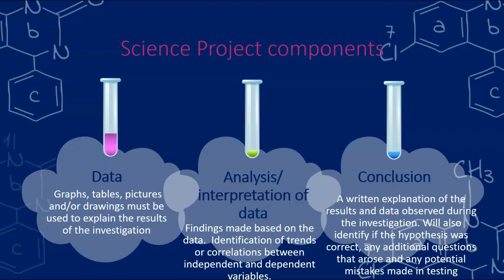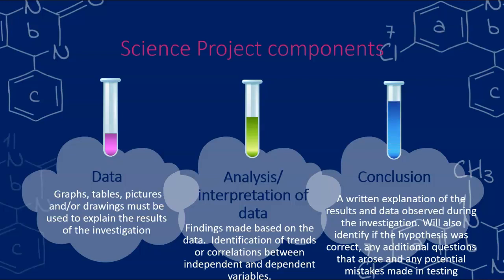You would have a section for your data, or you could show a raw form of your data, maybe a table showing the collection of things. Also, you could include any graphs. But then the next section would be analysis or the interpretation of that data. So you would start to show those trends that you spotted as you created the graphs for your data. And then finally, you would make a conclusion.